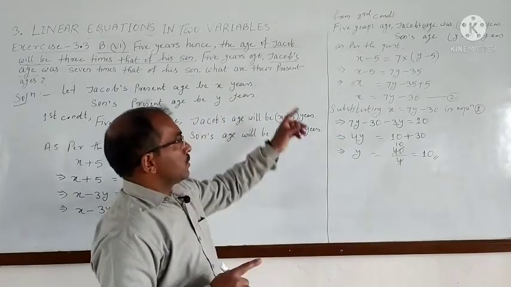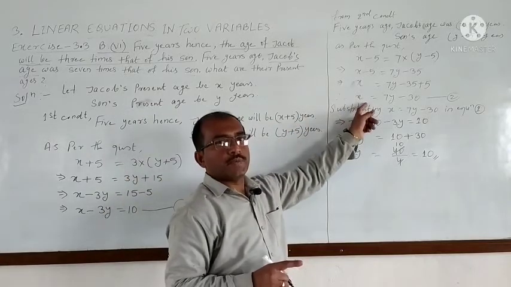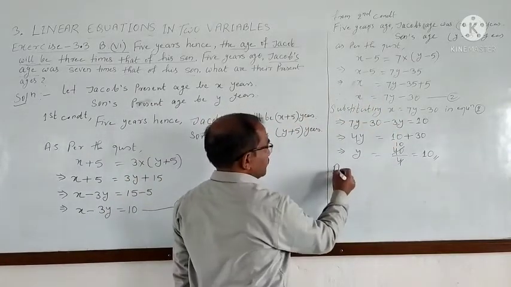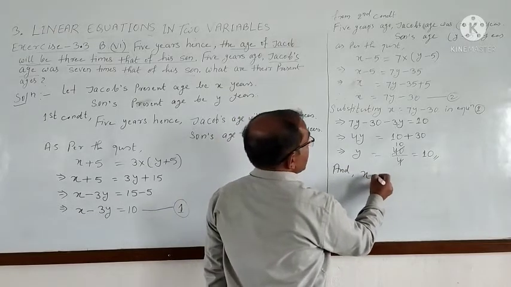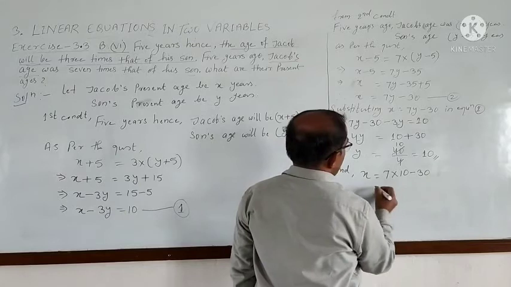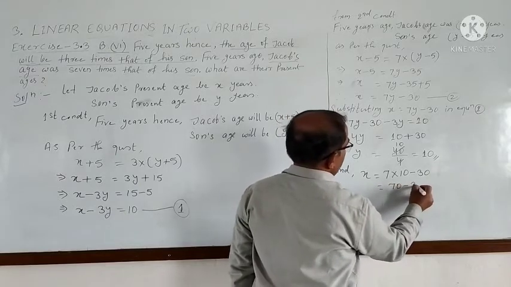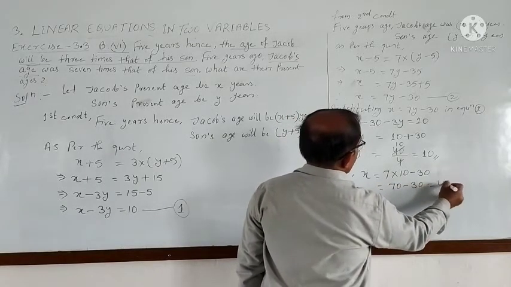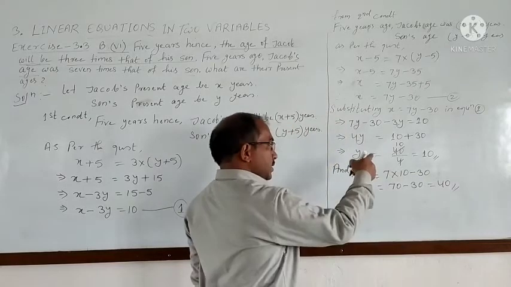Still Jacob's present age we need. So x we have got, no, x is Jacob's age, and x is equal to 7y, y is 10, minus 30. So what we get? 70 minus 30, 40. So Jacob was 40 years and the son was 10 years.